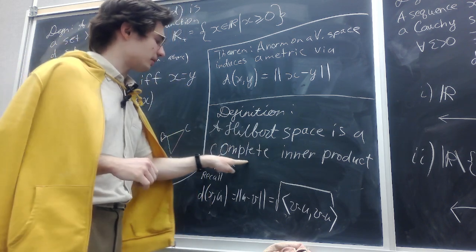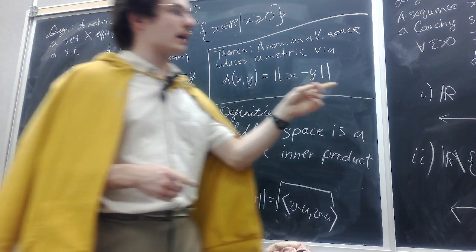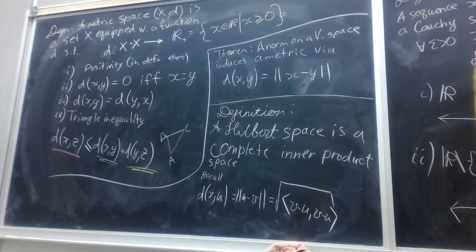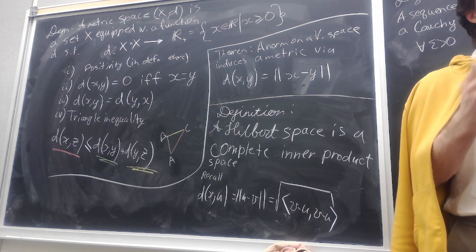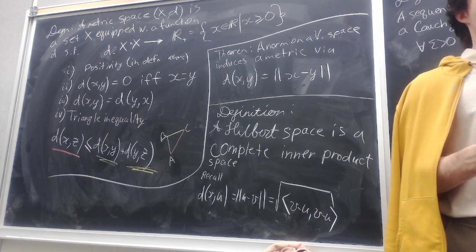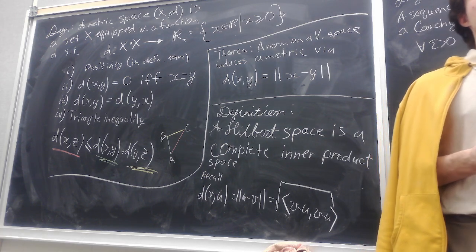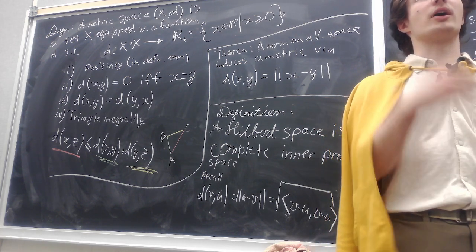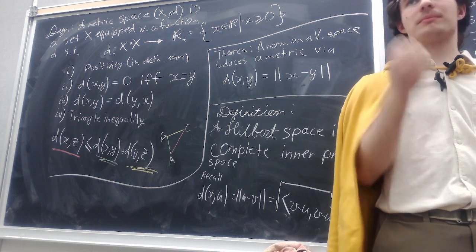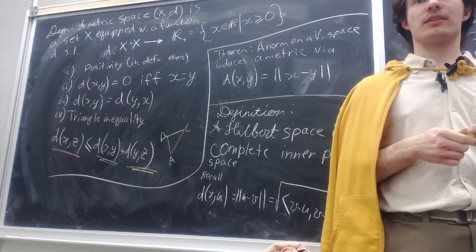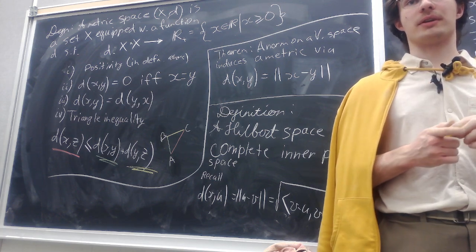Yeah, so complete is the bit. No, so I'm saying if I had any Cauchy sequence, right? If you give me a sequence and it happens to be Cauchy, then it has to have a limit. A sequence of points is what I mean, right?